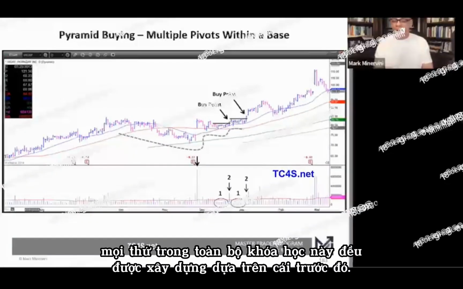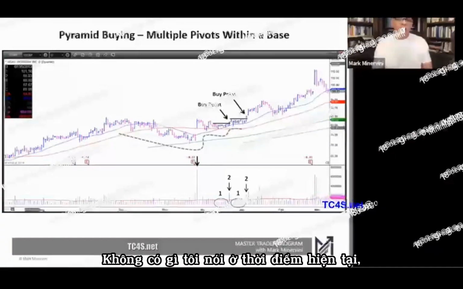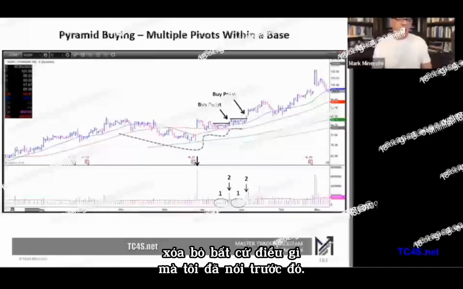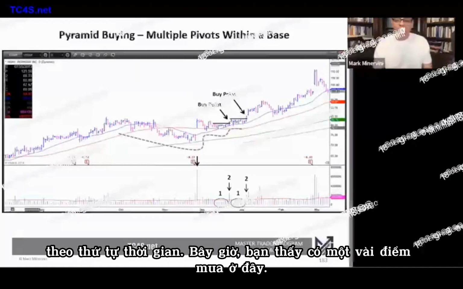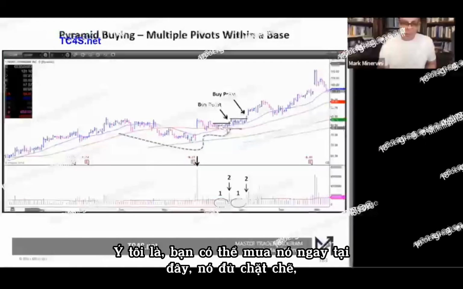Remember what I said. Every single thing in this entire workshop builds on the previous. Nothing that I say in the current time frame erases anything that I said prior to that. Everything will build on what I previously told you, pretty much in chronological order. So now, again, you see there's a couple of buy points here. You can be buying it right here.